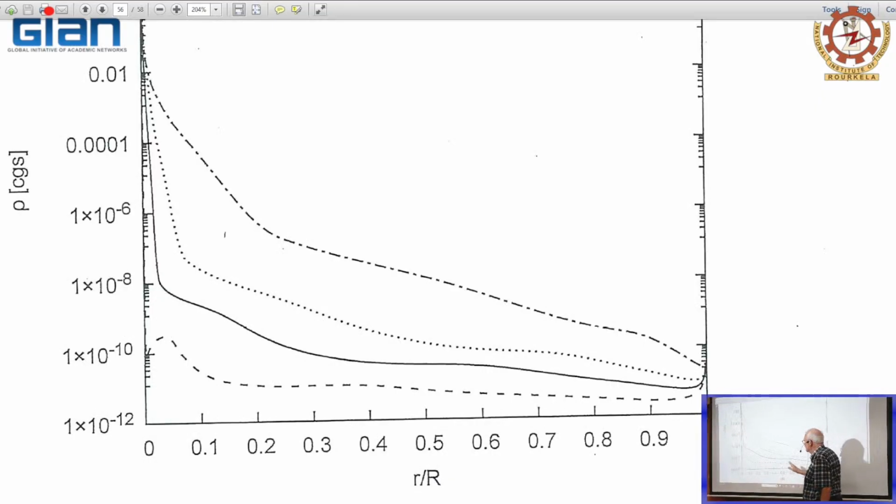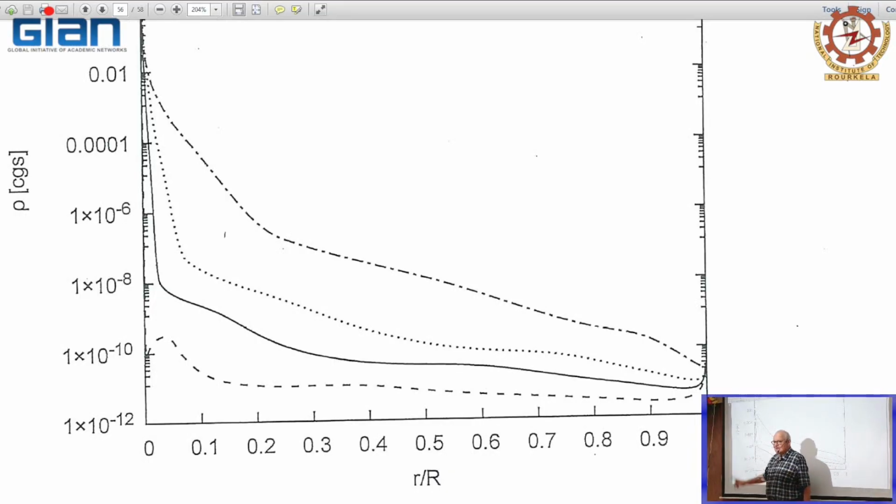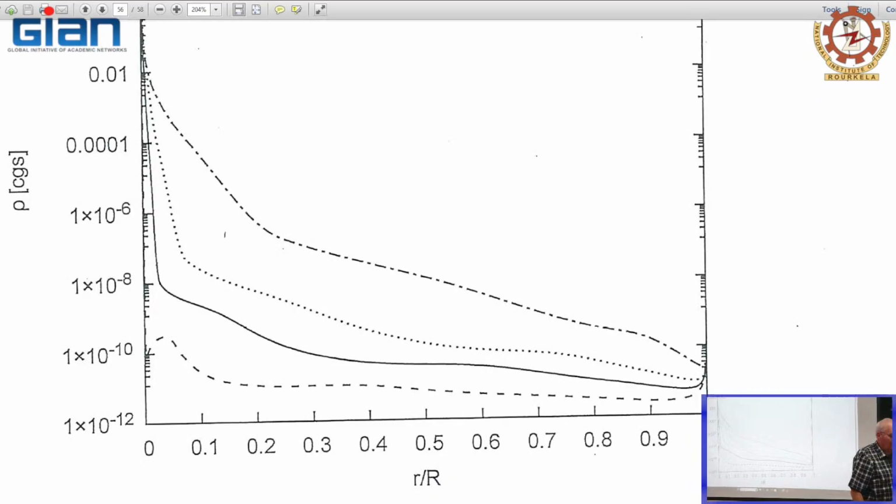And then we have a stellar core where the density increases sharply, and the core contains almost the entire mass of the star and occupies only a small fraction of the volume of the star, whereas the envelope extends over almost the entire volume of the star and has only a small fraction of the mass.